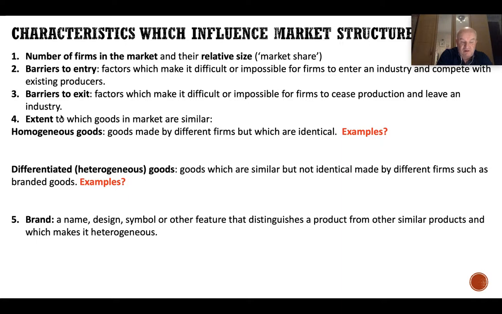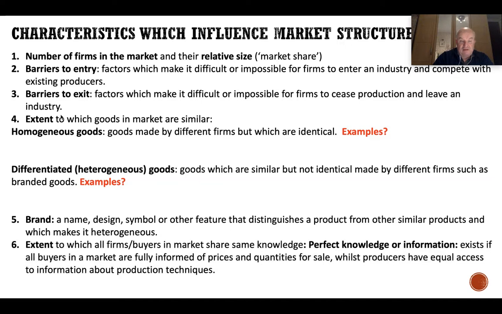Effectively, if you think about Apple, the computer company, when they first brought out their products, they weren't that different from any other computer company or phone company, but because of their very strong brand and the very strong loyalty that engenders, in some cases they are able to demonstrate that they are providing a differentiated or heterogeneous product. And in some cases they're able to then charge a premium for that.